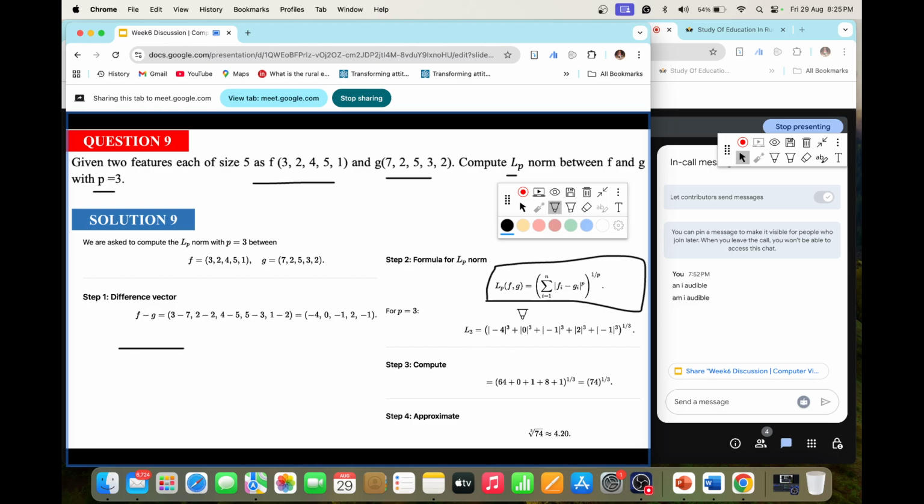First calculate all the f minus g, then take the cube of each: -4 cubed, 0 cubed, -1 cubed, 2 cubed, and -1 cubed, and then sum everything, and then take the 1 by 3 power of it. Okay, so it is coming 4.20. This is actually an integer type question, I think. Yeah, that means a value type question, so 4.20 is coming.